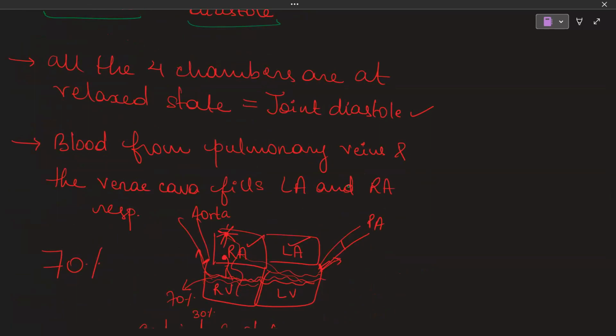Then the blood from the pulmonary vein and the vena cava starts filling up the left auricle and the right auricle respectively. The left auricle receives the oxygenated blood from the lungs through the pulmonary vein, whereas the right auricle receives the deoxygenated blood from the body cells through the vena cava, right?